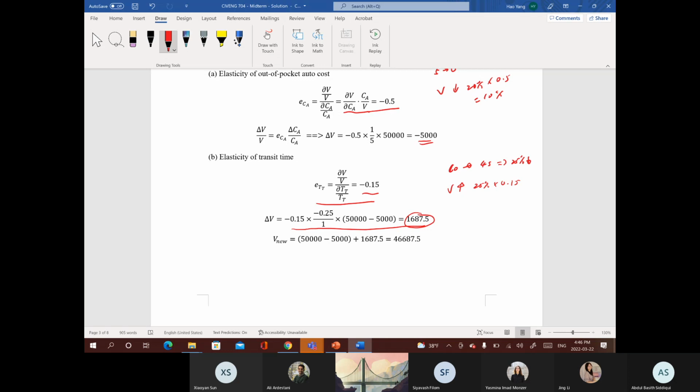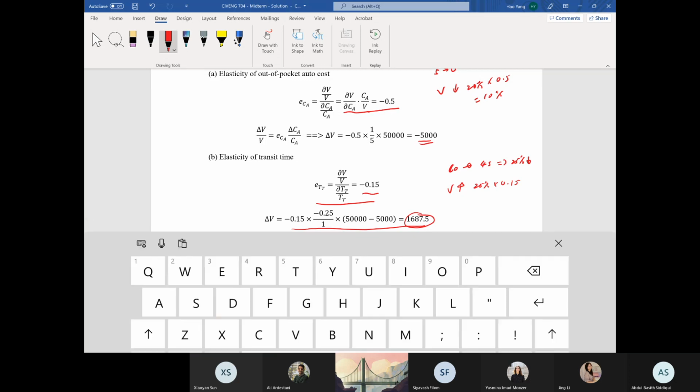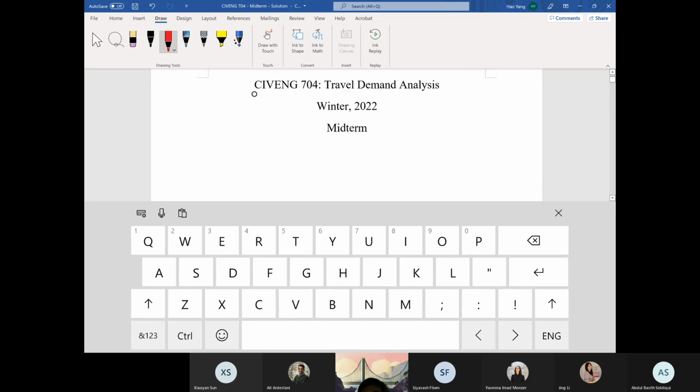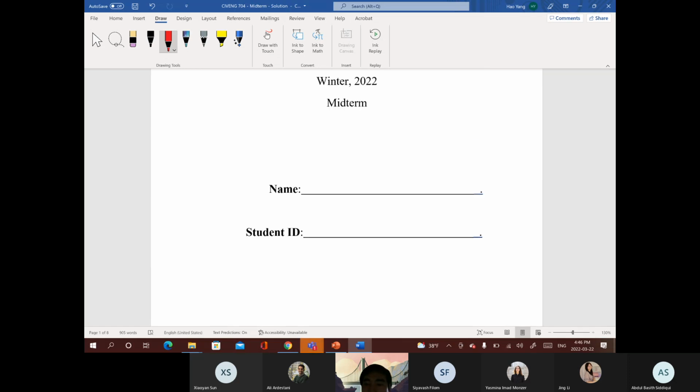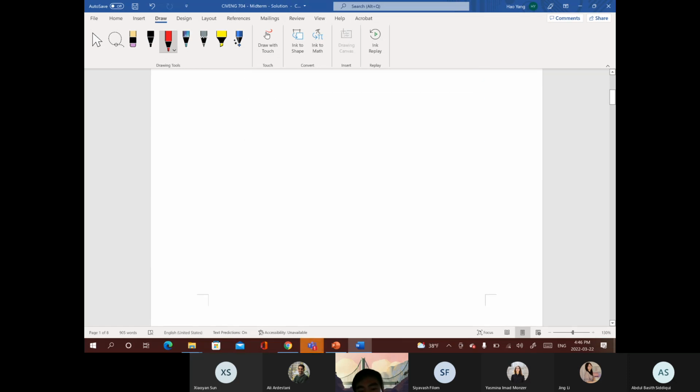So that's the first two problems, and for the rest of the questions, all the class are doing very well.